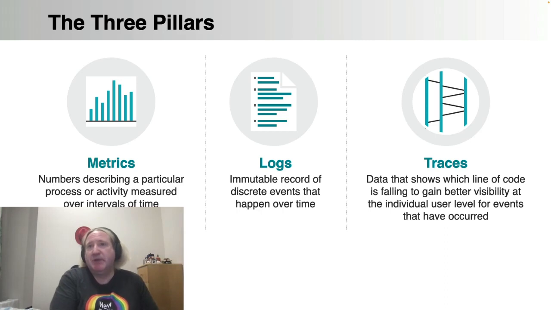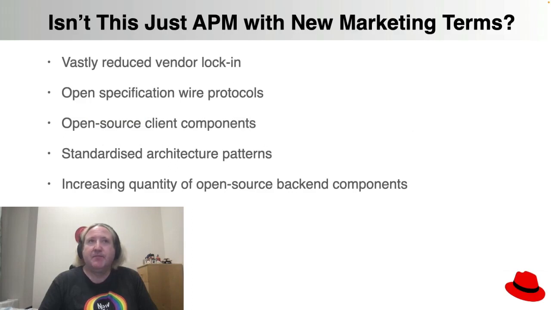A trace is a piece of data which is used to show what was triggered by an individual user level request. Okay, so metrics not really tied to particular requests. Traces very much tied to a particular request, and logs somewhere in the middle. We'll talk more about the different aspects of data that these things have a little bit later.